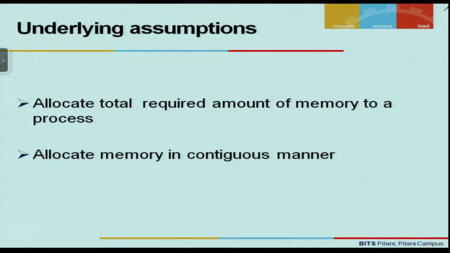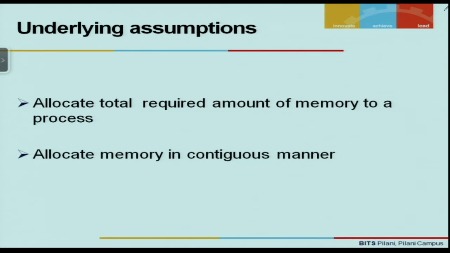For these strategies, the underlying assumptions have been that whenever a process requests a certain amount of memory, the entire amount of memory is allocated to the process. Whatever is requested, complete memory is allocated to the process.